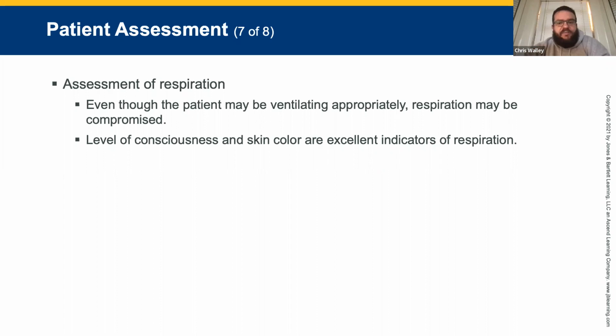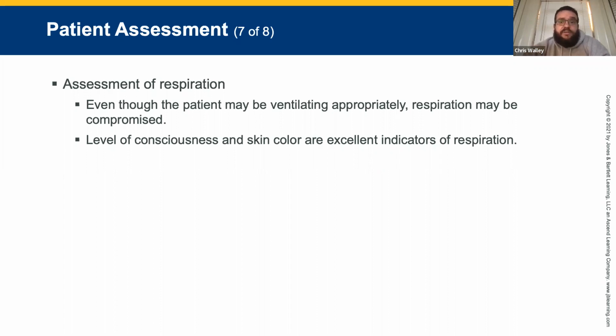Even though the patient may be ventilating properly, the actual exchange of oxygen and carbon dioxide at the tissue level may be compromised by several factors. So again, we talk about high altitudes. We talk about maybe their exposure to poisonous gas, like in the home, including carbon dioxide, or enclosed spaces where there's no fresh oxygen coming in and out. A patient's level of consciousness and skin color are excellent indicators of respiration.